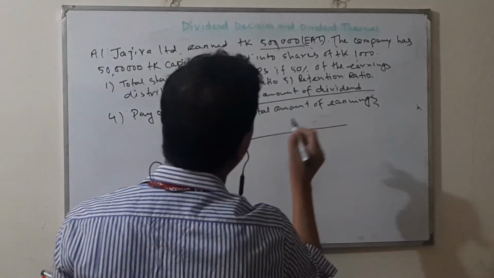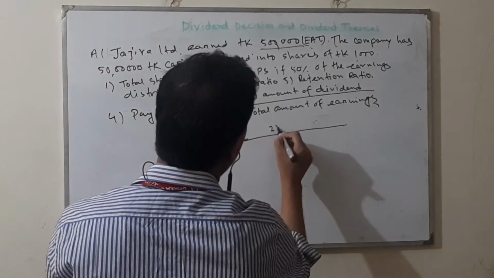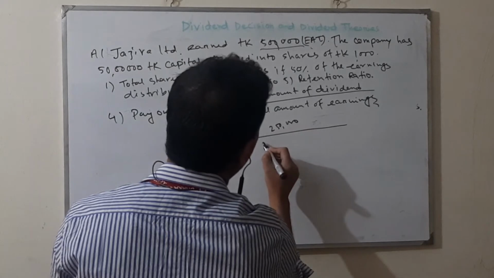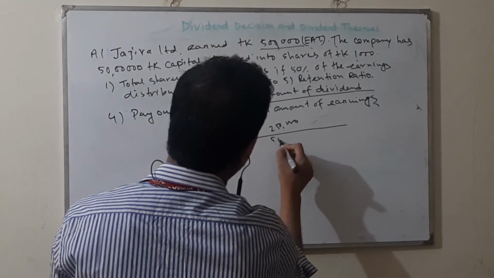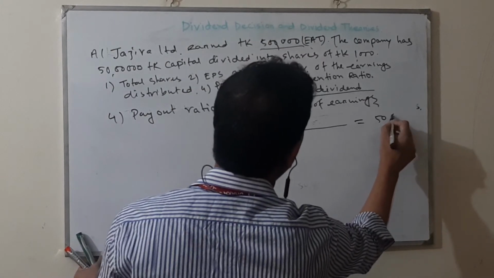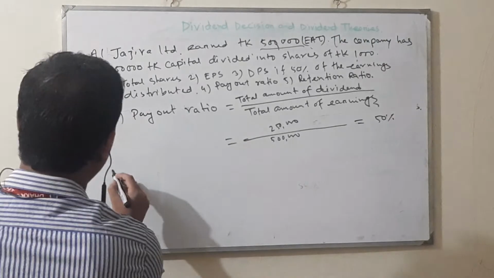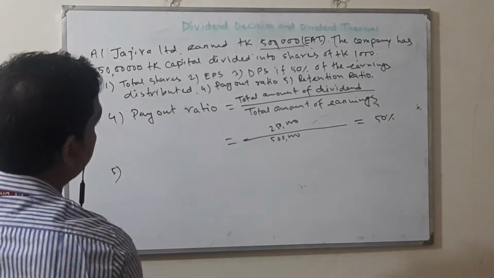The total amount of dividend is 2,50,000 taka. The total amount of earnings is 5 lakh taka. So it is 50%.